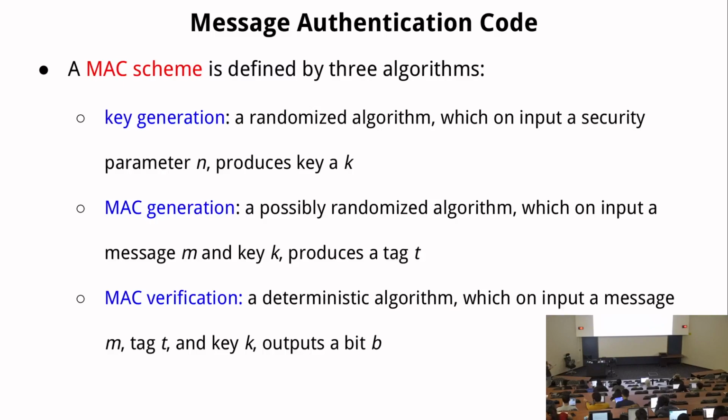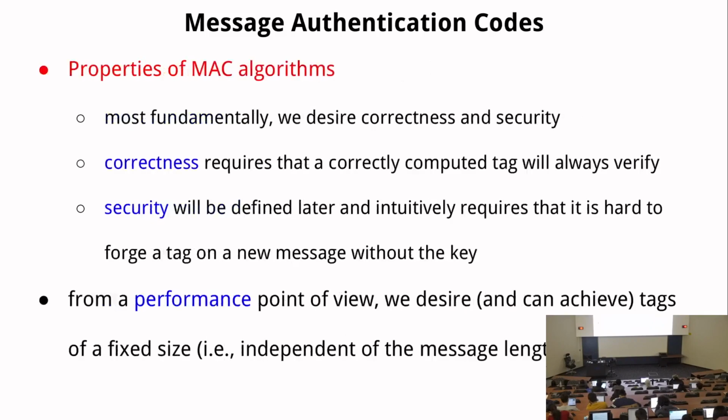After that, we should also have a MAC verification algorithm. If you input the message itself, the tag and the key, then it should output true or false, whether this message has been changed, or whether this message is really from whoever it comes from. So the properties of MAC algorithms are correctness and security.